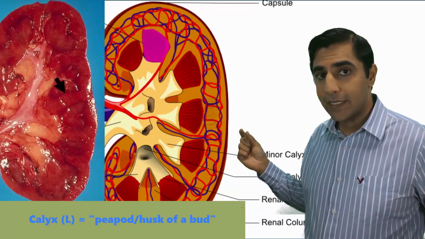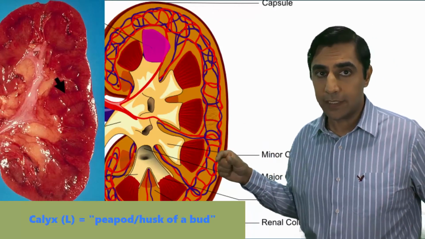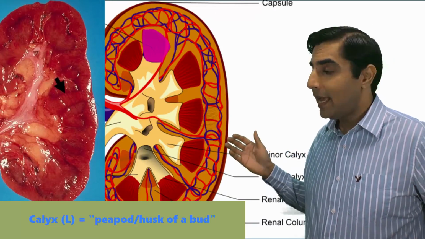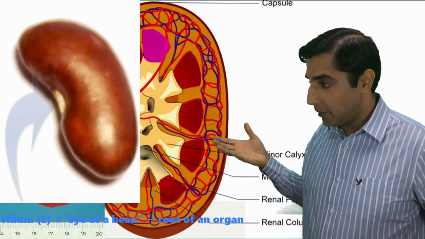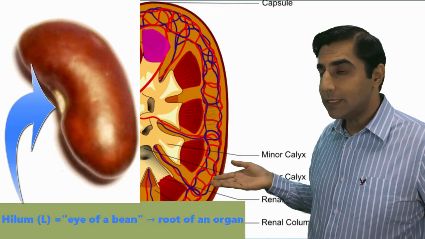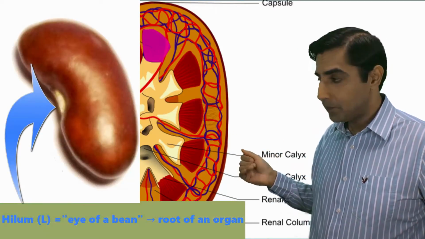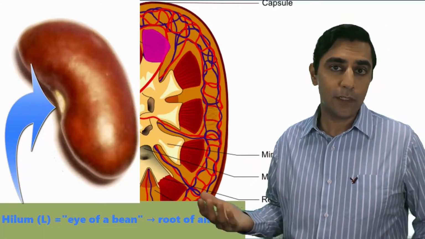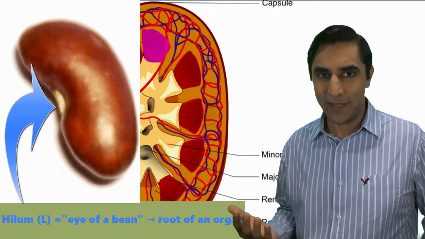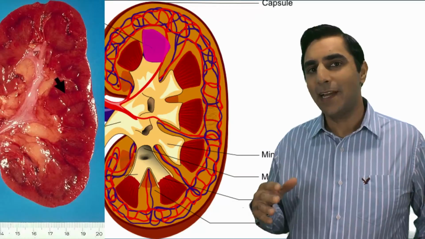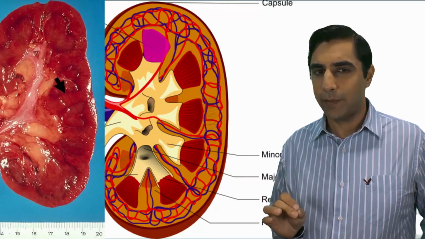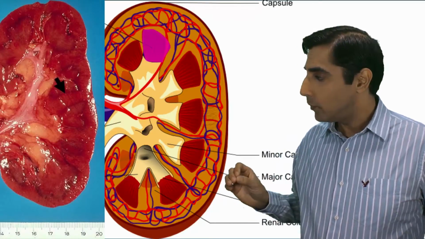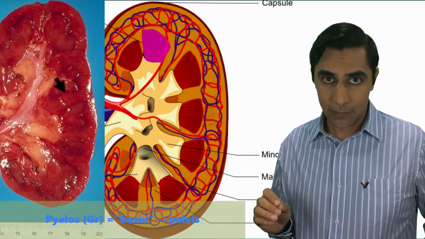So these minor calyces join up and become a major calyx, and all those major calyces actually join up and become the hilum or root of the renal pelvis. Now, even though we still call it the renal pelvis in normal anatomy, I'm going to stop here just to talk to you a little bit about an etymological term, which is the Greek word pyelos.